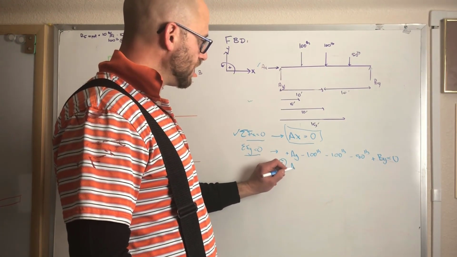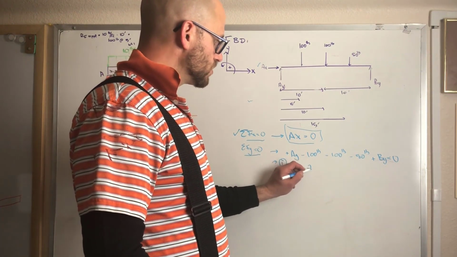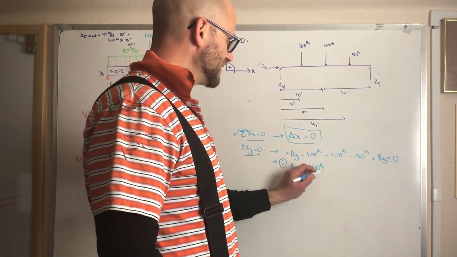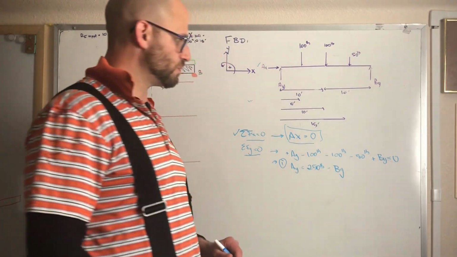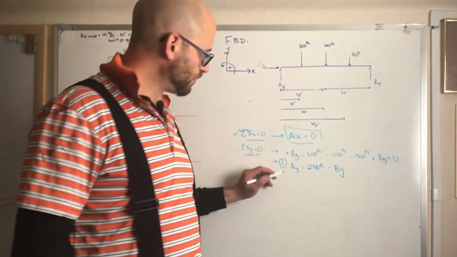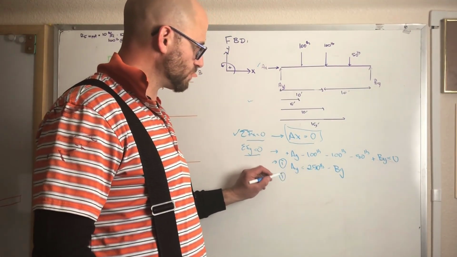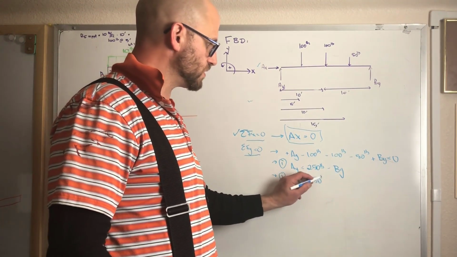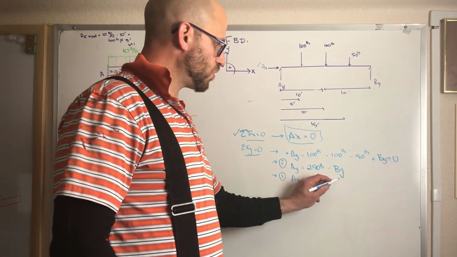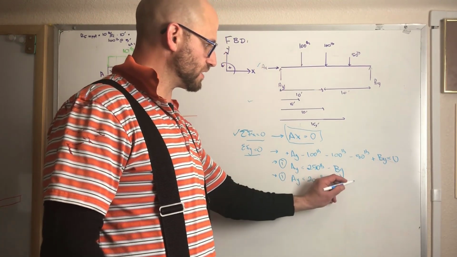We'll say AY equals 250 pounds minus BY. So that's equation number 1.